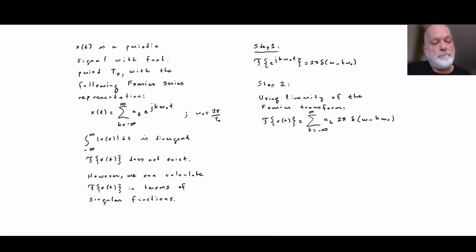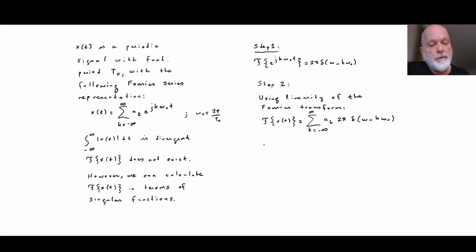So the Fourier transform of a periodic signal can be obtained from the Fourier transform of the Fourier series expression in terms of, of course, singular functions in the omega domain. That means we have infinities in the omega domain at the particular frequencies, which are integer multiples of omega 0.